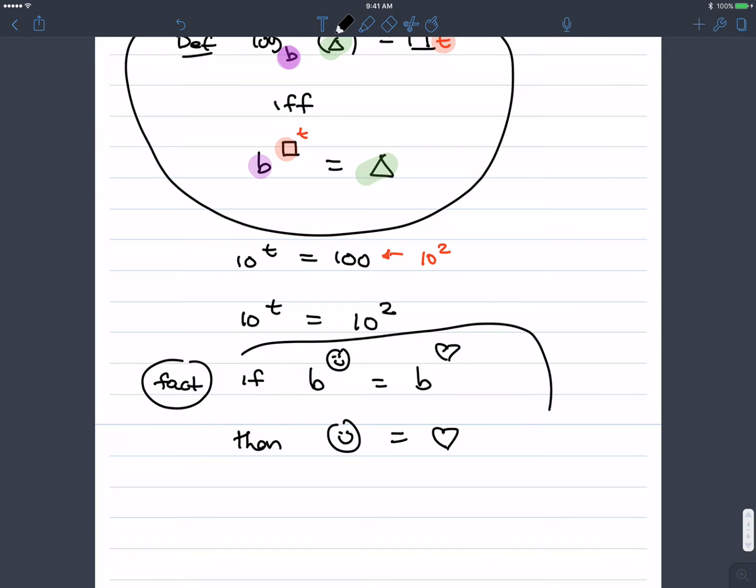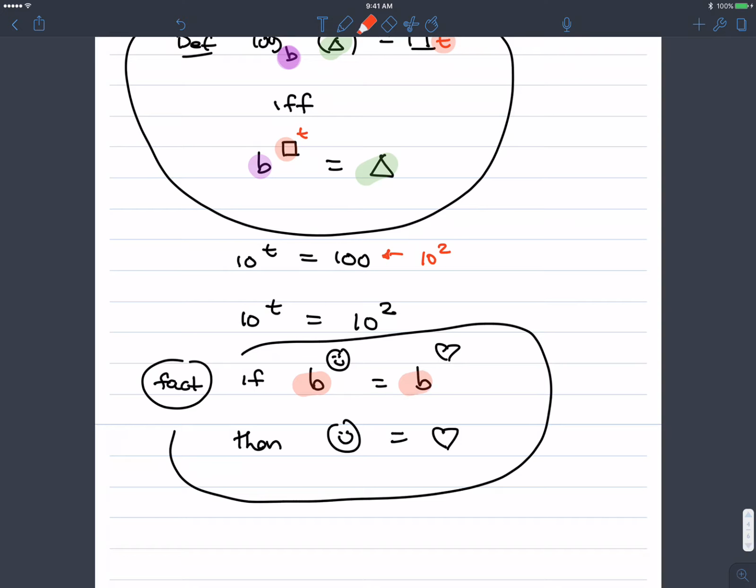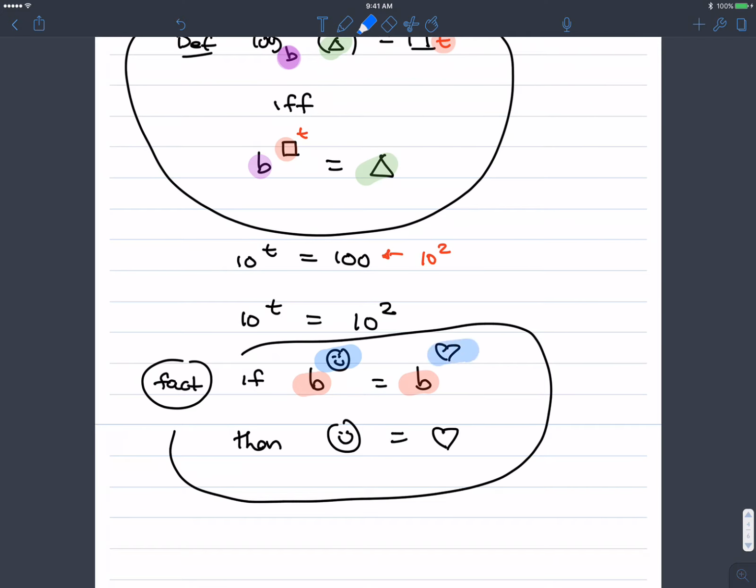So here's another fact we'll use. That a base to one power equals the base to another power. These are the same bases. This is an important idea. My b is the same. Then what that implies is that the powers must also be the same.